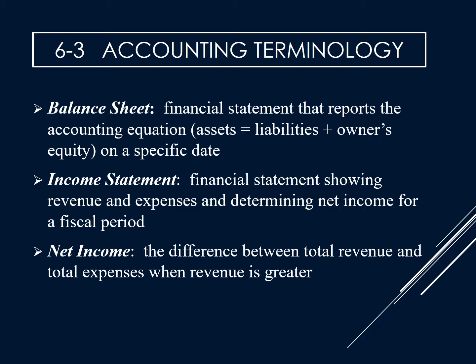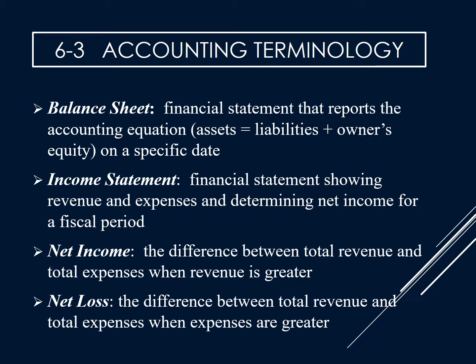Net income is the difference between total revenue and total expenses when revenue is greater than expenses. Net loss is the difference between total revenue and total expenses when expenses are greater than revenue.